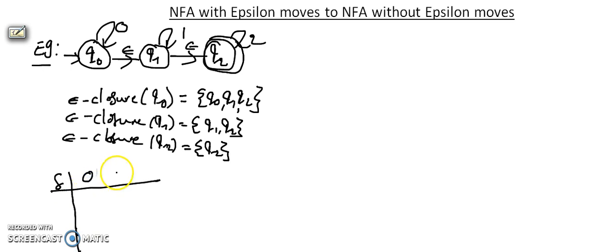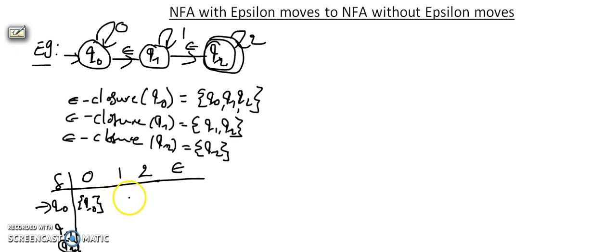So 0 is one input symbol, 1 is another input symbol, and 2 is another input symbol, and epsilon is another input symbol. The states are Q0 initial state, next Q1 and Q2. This is the final state.